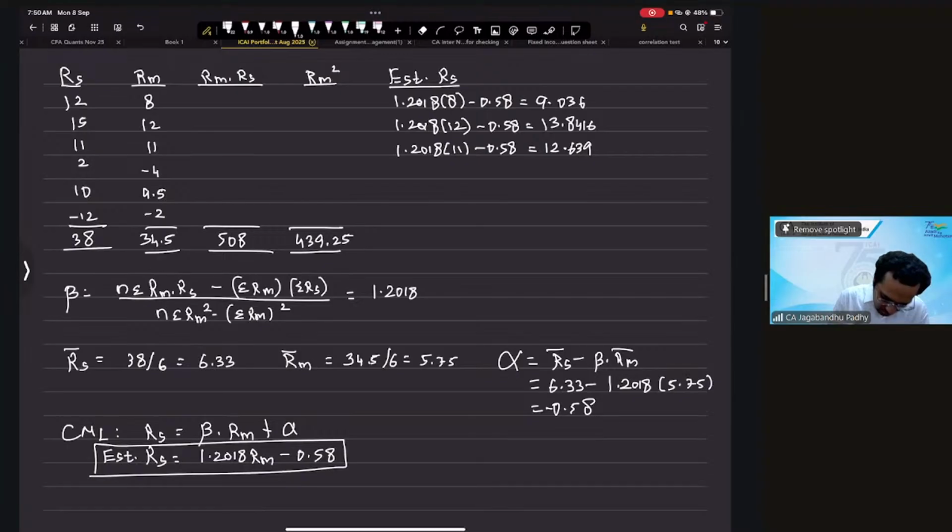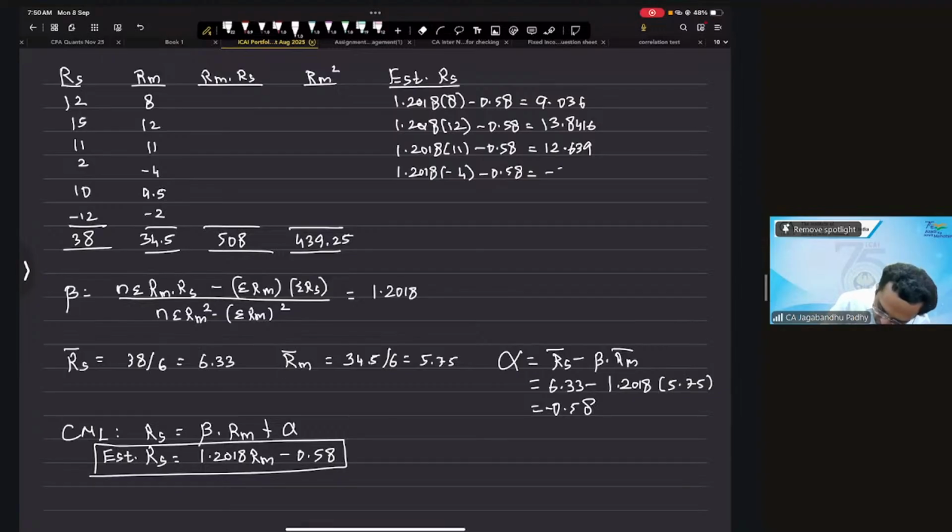Then the fourth one, 1.2018 into minus 4 minus 0.58. What is this return? Minus 5.3872.